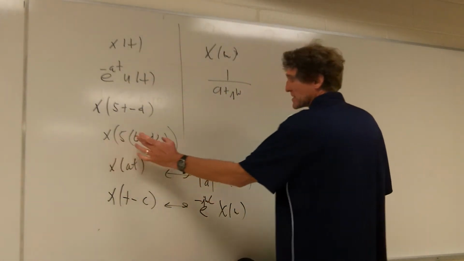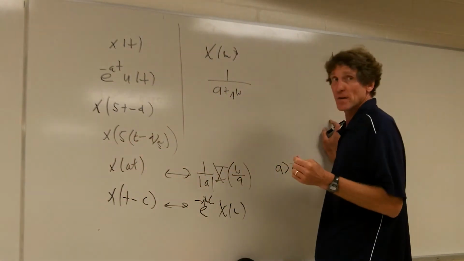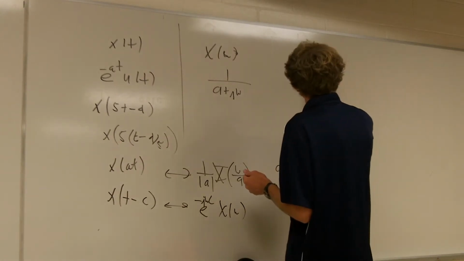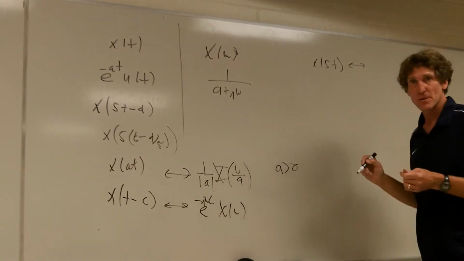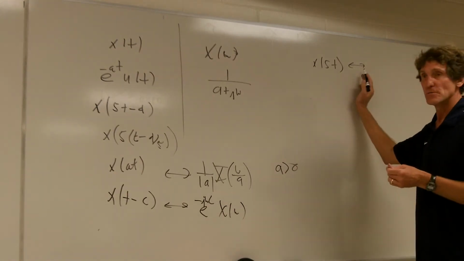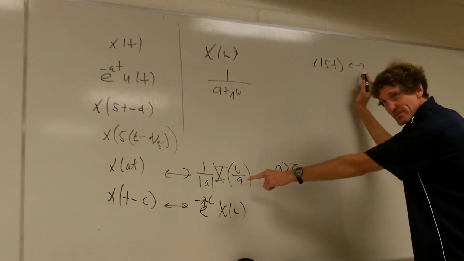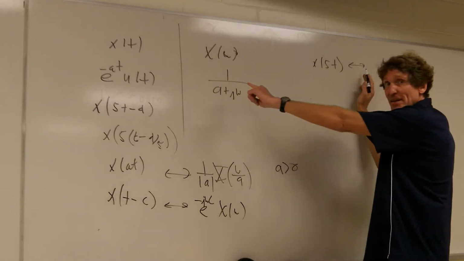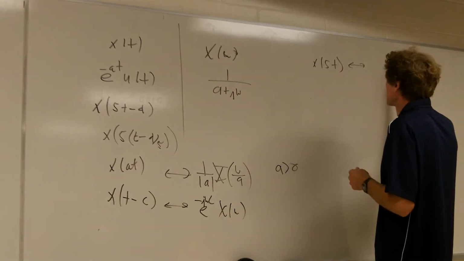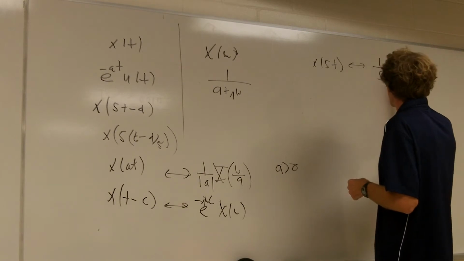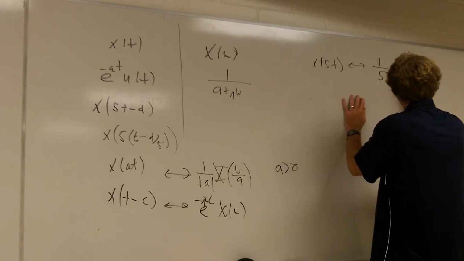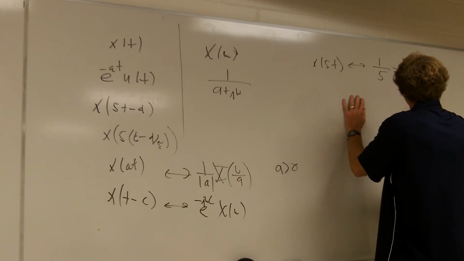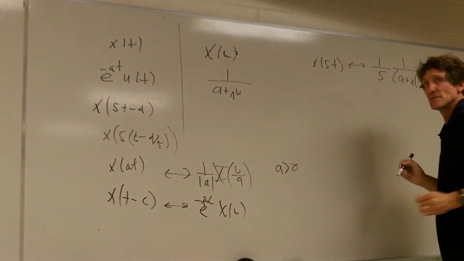I don't want x of 5 t minus 4/5 yet. What I want to know is what does x of 5t go to first? You'll see where I'm going with this, right? Well, what does that go to? I got my x of t, don't I? Right. So what does it become? It's going to be 1 over 5 times 1 over a plus j omega over 5, isn't it?